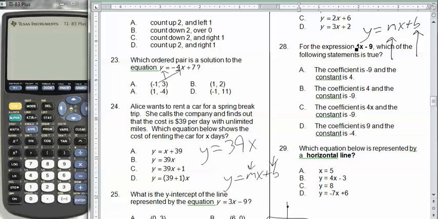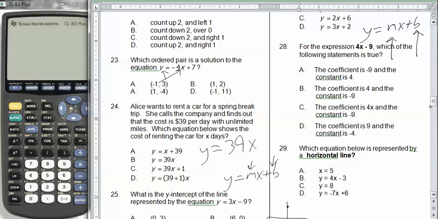So this would have a coefficient of 4 and a constant of negative 9. All right, don't get thrown off. It's not a coefficient of 4x. The coefficient is just the number in front of the x. So the coefficient would be 4, and the constant would be negative 9. Again, I'm not going to tell you which one that is. Just read there. Coefficient is 4, and the constant is negative 9.